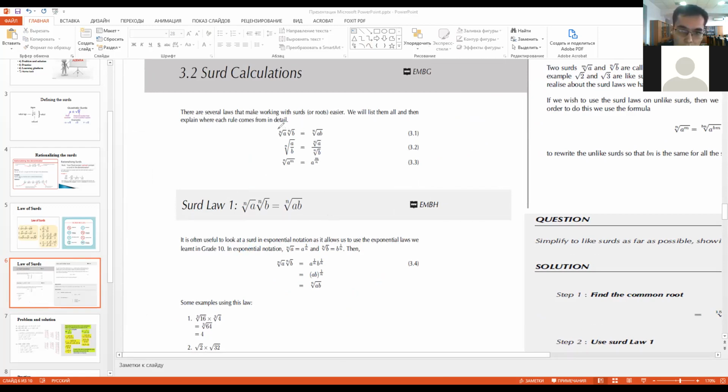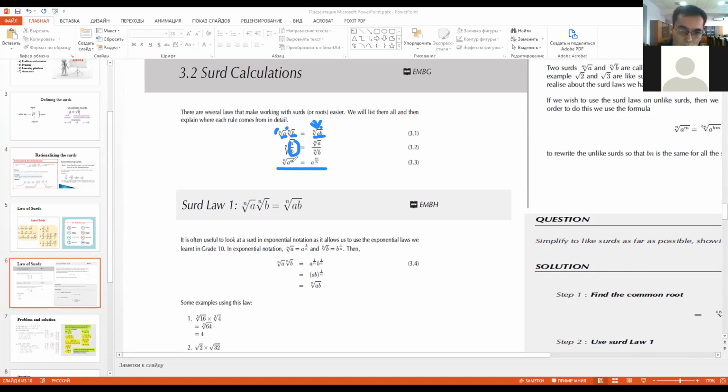Here, the degrees are the same, the same n. In this case, you can take the radicands into the same root. And here also, if the degrees are the same on the numerator and denominator, you can take them together or separate. Both of them are possible.